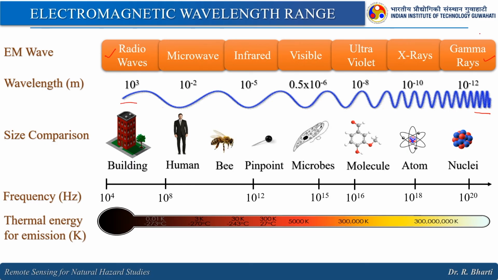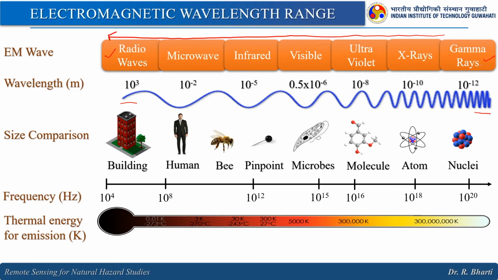So as we move from gamma ray to X-rays, then ultraviolet, then visible, then infrared, then microwave, and then radio wave, the wavelength is increasing. So that means the shortest wavelength will have the highest energy.